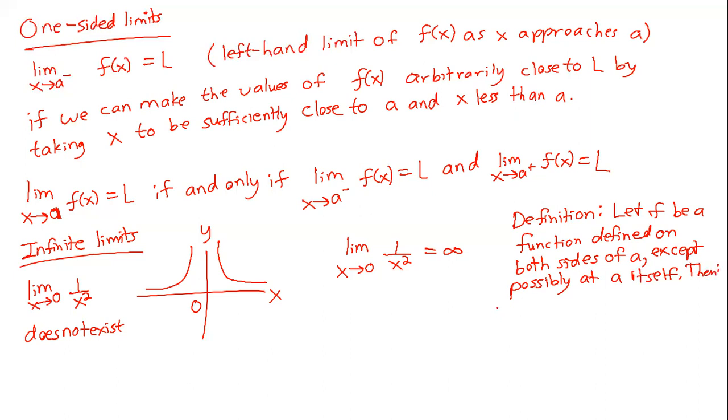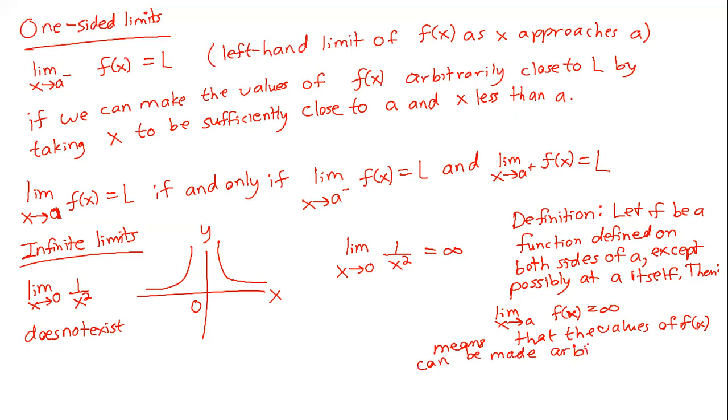Then the limit as x goes to a of f of x is equal to infinity means that the values of f of x can be made arbitrarily large by taking x sufficiently close to a, but not equal to a.